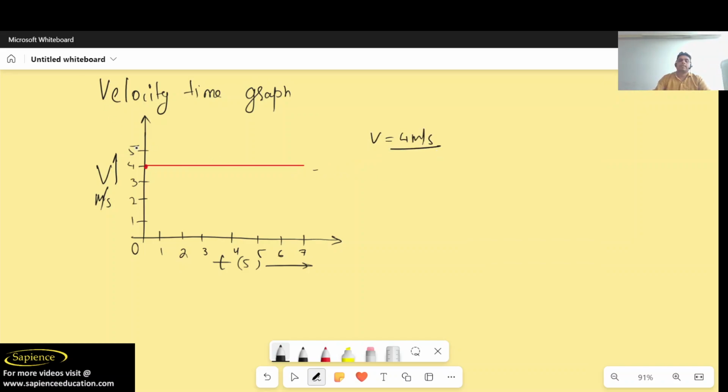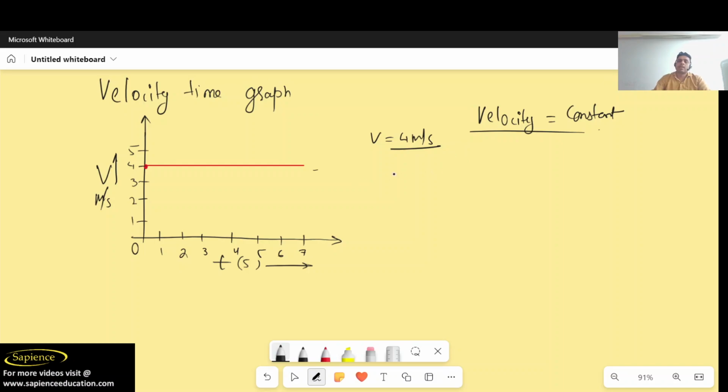So whenever you see a velocity time graph where the line is like this, you can say that velocity is constant. So our conclusion is that velocity is constant.